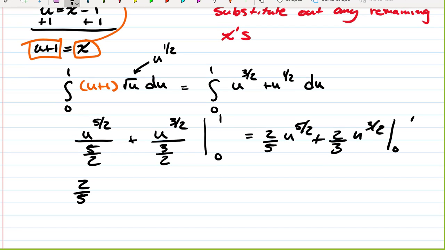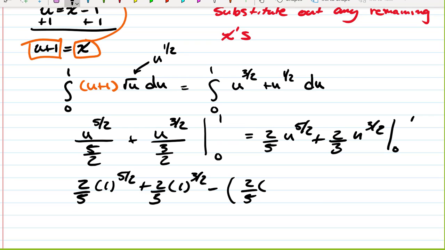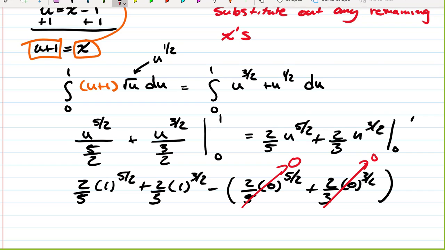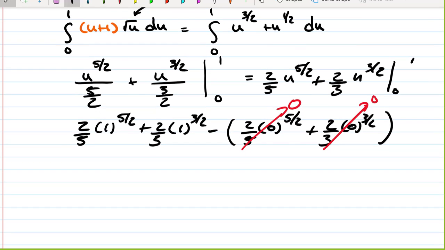So that's going to be 2/5 times 1 to the 5/2 plus 2/3 times 1 to the 3/2 minus 2/5 times 0 to the 5/2 plus 2/3 times 0 to the 3/2. And those are particularly nice because 0 times anything is 0. And 1 raised to any power is just 1.